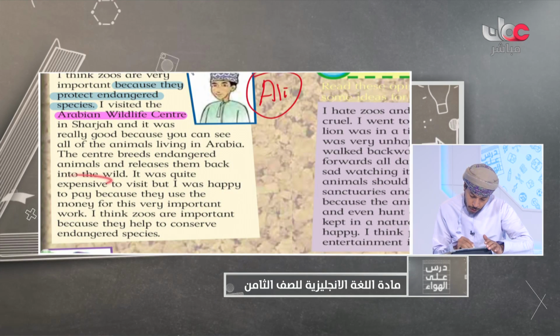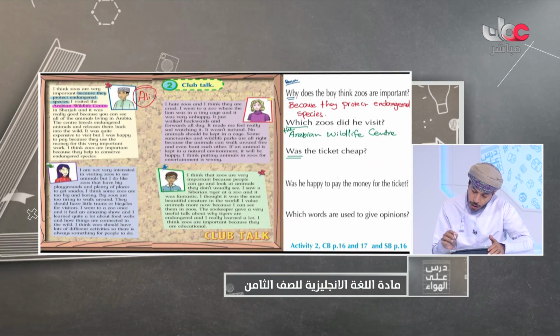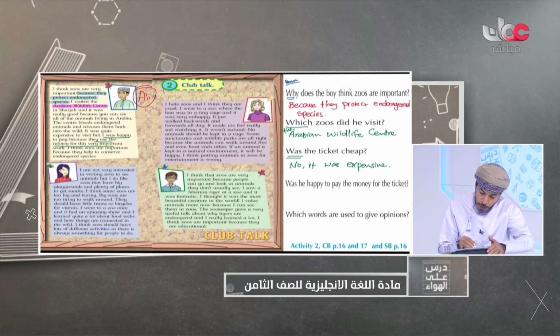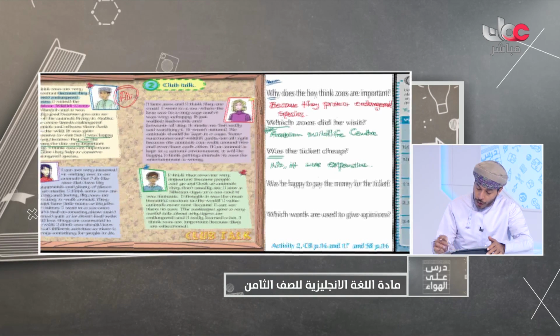So, was the ticket cheap? The answer is no. You can say it was expensive. Was he happy to pay the money for the ticket? Yes, I was happy to pay because they use the money for this very important work. And these are the answers.